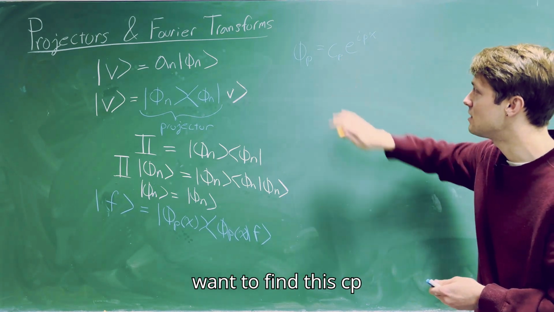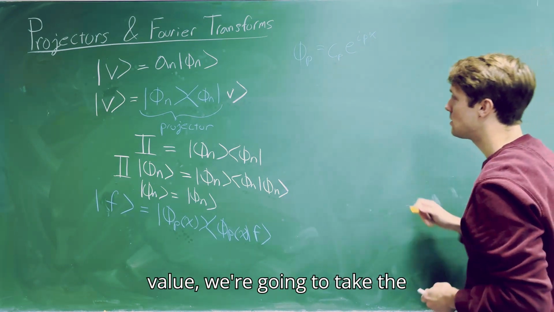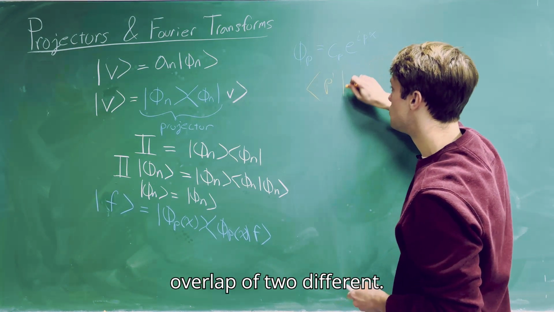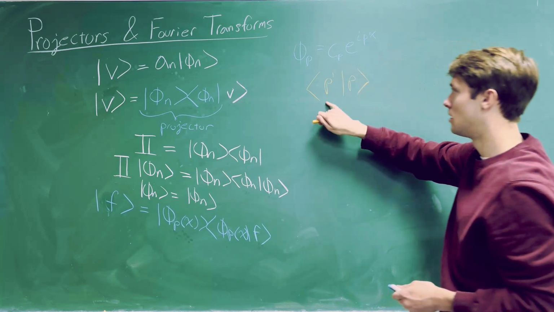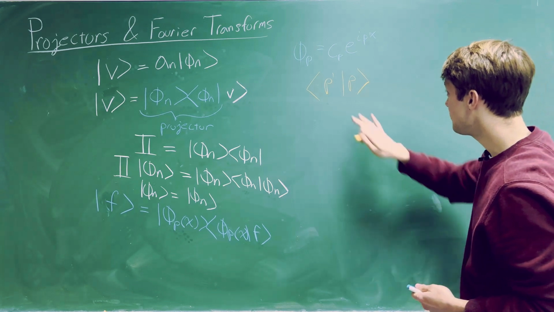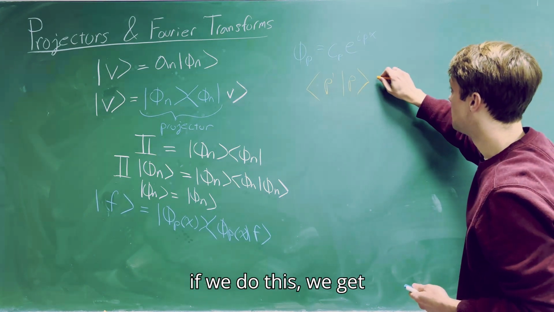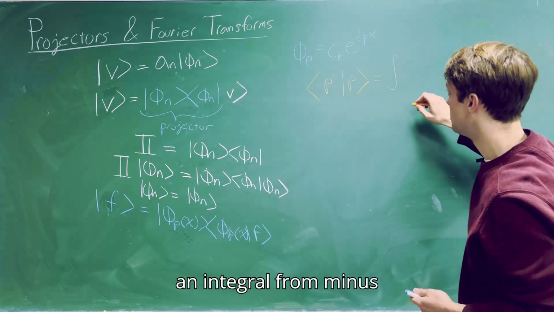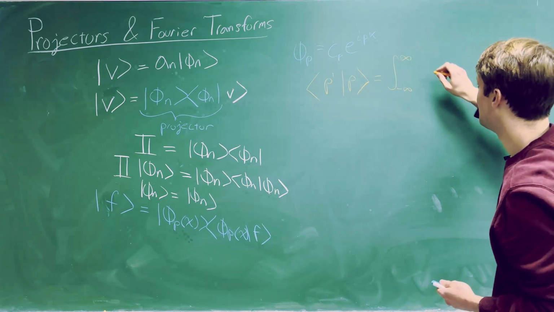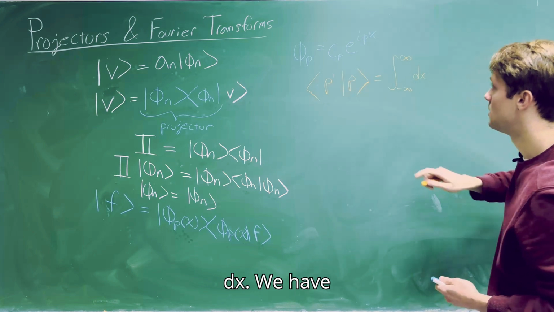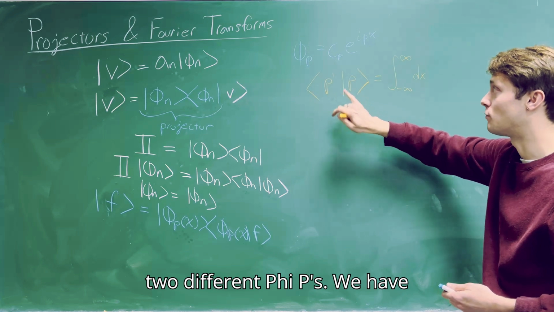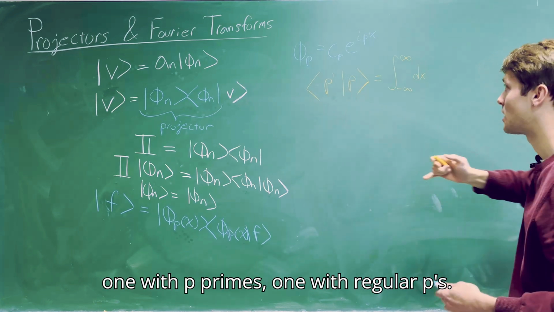And so if we want to find this C_p value, we're going to take the overlap of two different momentum eigenstates. So if we do this, we get an integral from minus infinity to infinity dx. We have two different phi p's. We have one with p prime, one with regular p.